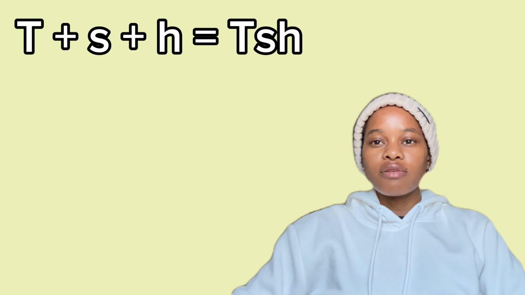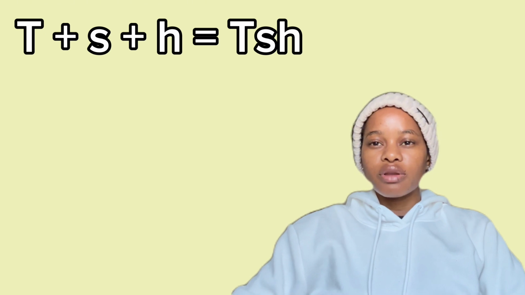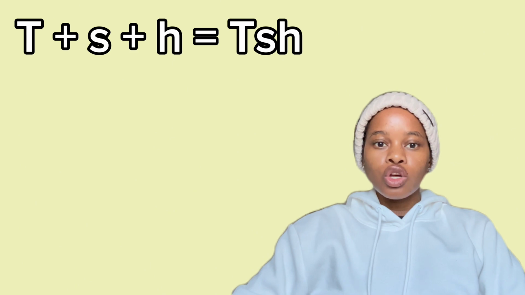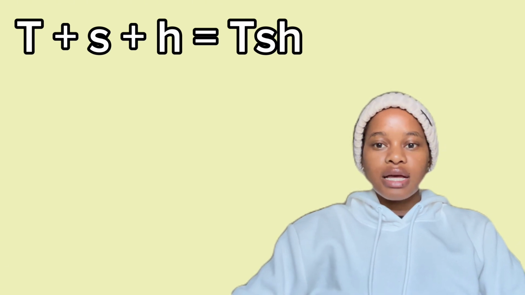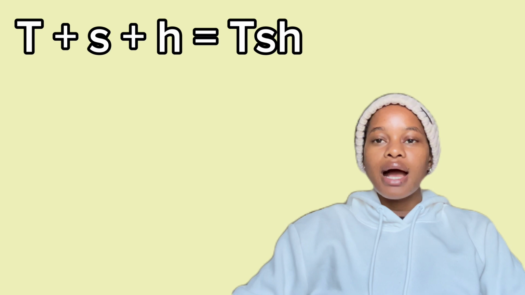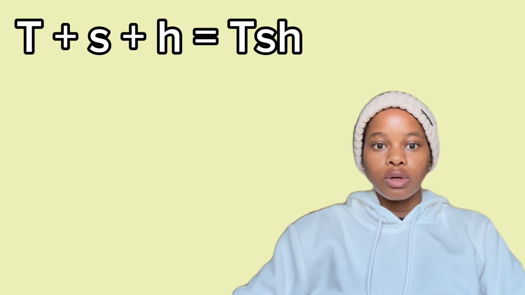The next combination of letters we have is T plus S plus H. We do not have English words that contain T, S and H, so I'm going to give you a brief explanation on how to pronounce these letters. These letters are pronounced with an aspiration almost similar to the ts sound which we already explained earlier on.